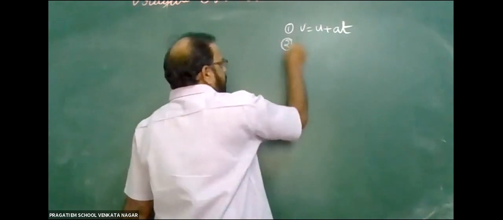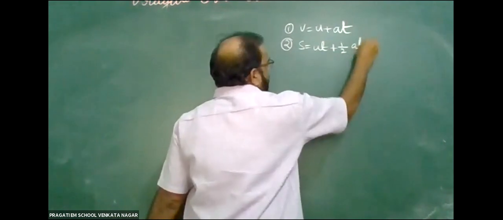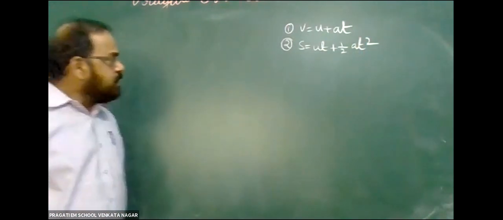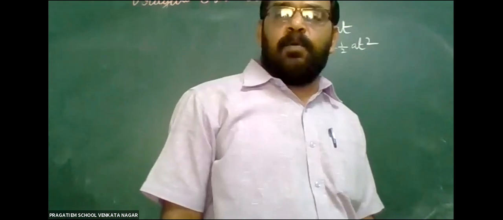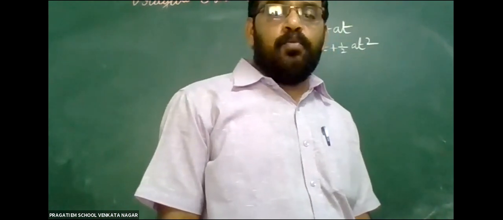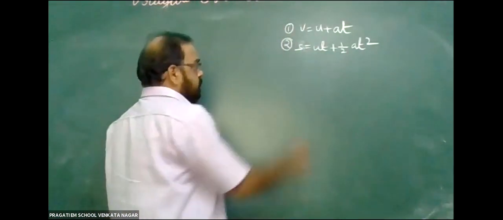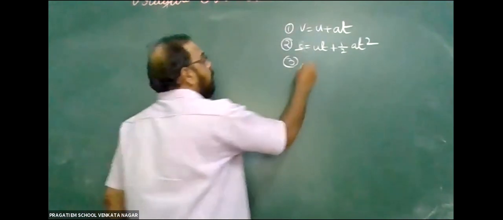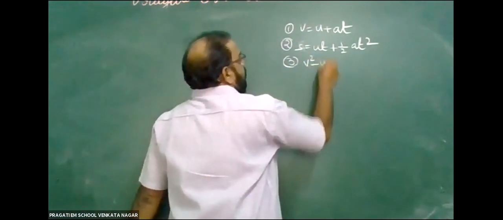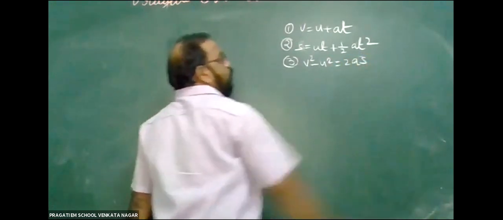Second equation of motion, s is equal to ut plus half at square. We read it the same way. All letters are small letters. We use only small letters: a, v, u, s, t. Next, the third equation of motion is v square minus u square is equal to 2as.